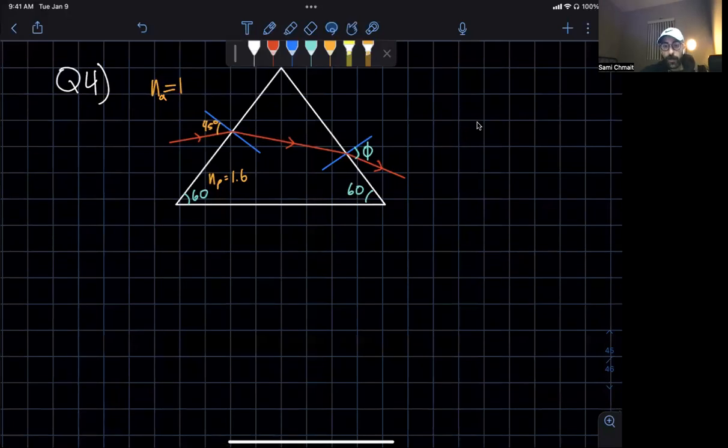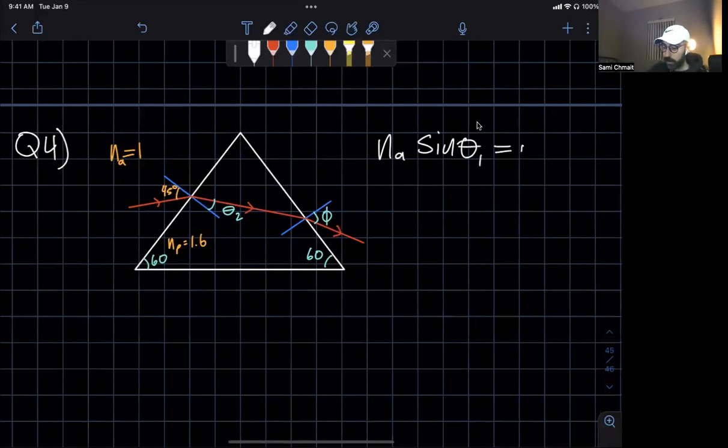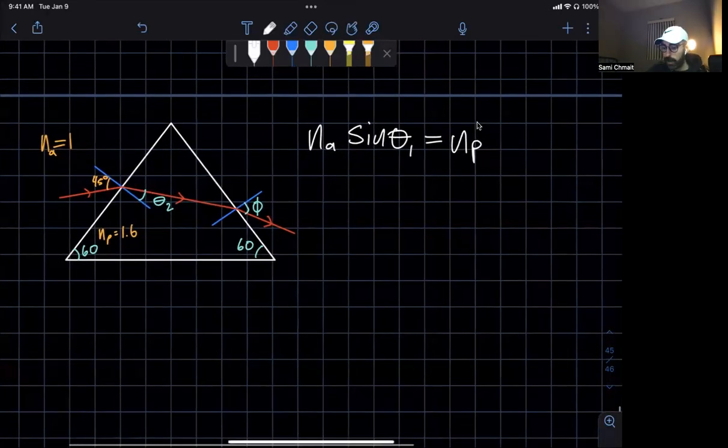So when we first come into the system, we have a ray entering in. We start off with Snell's law. Using Snell's law, we're going to be able to solve for this angle right here. Let's call that theta 2, and remember, that's between the normal and the ray. So we set this up. I'm going to call n air NA just to save time. n air sine theta 1, with theta 1 equal to 45 because they gave us that, is equal to the index of refraction within the prism times sine theta 2.